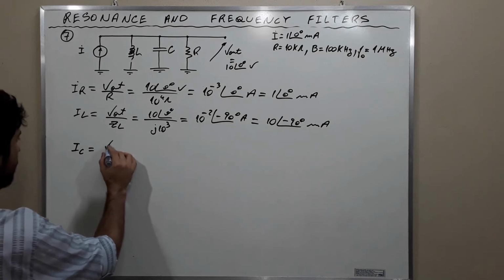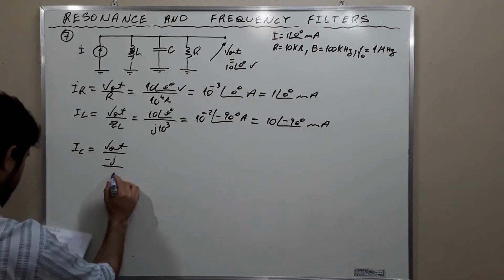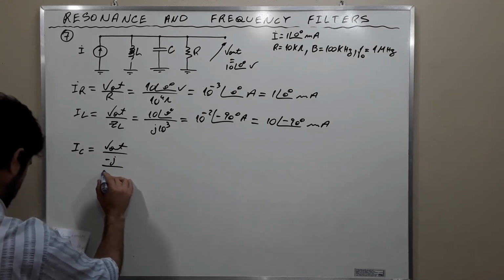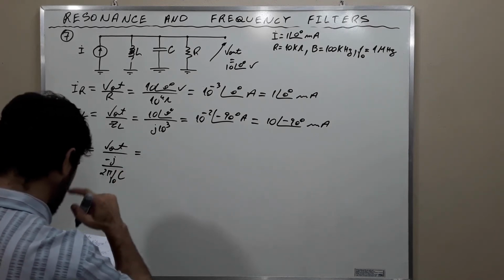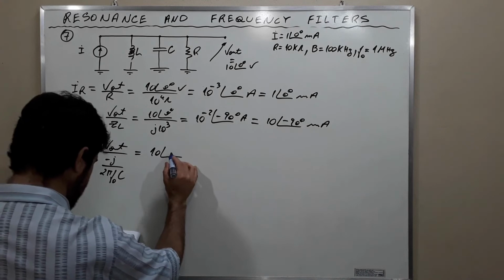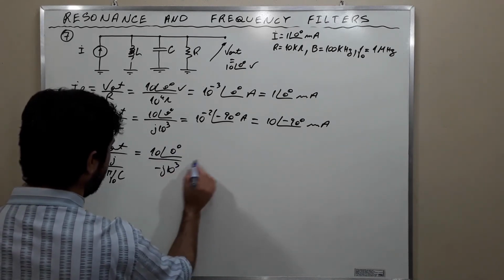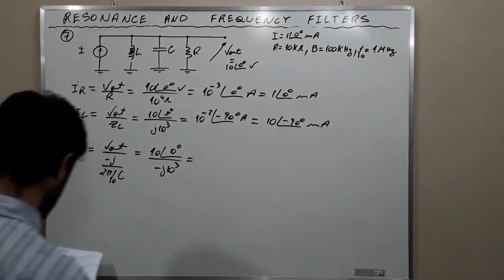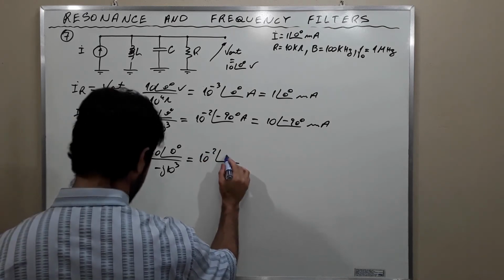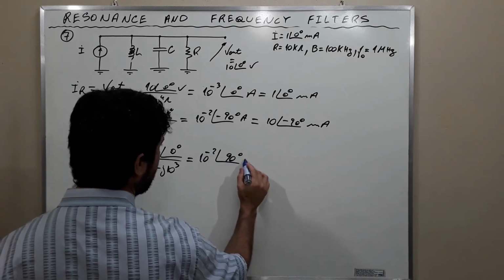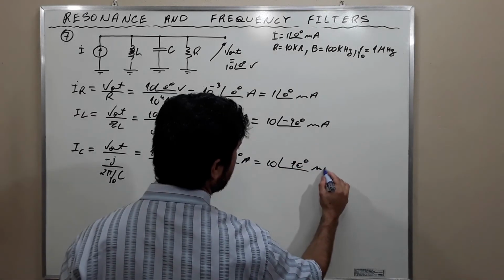IC is equal to V out over negative j over 2 times pi F0 C, which is equal to 10 phase 0 degrees over negative j 10 cubed, which is 10 to the negative 2 phase 90 degrees, positive now, amps, which is 10 phase 90 degrees milliamps.